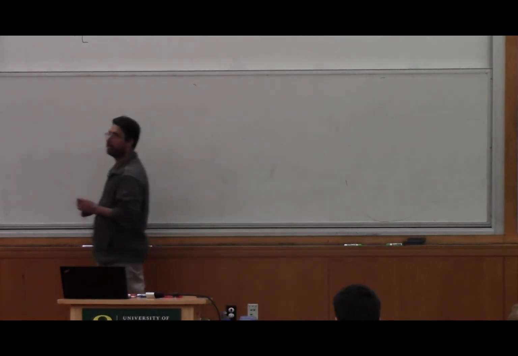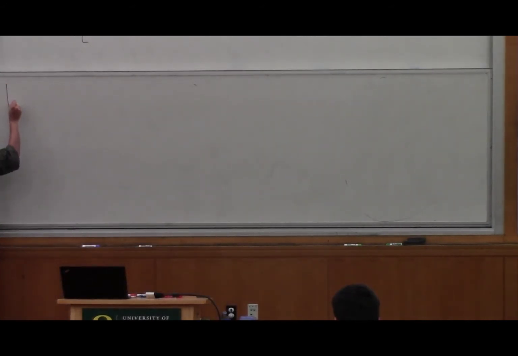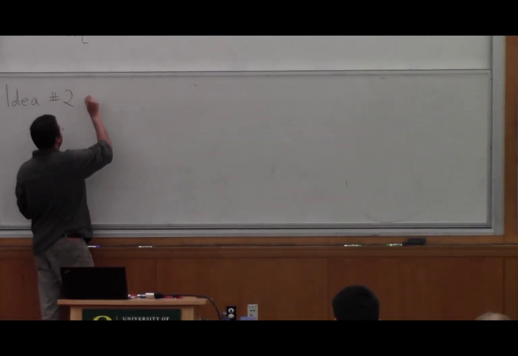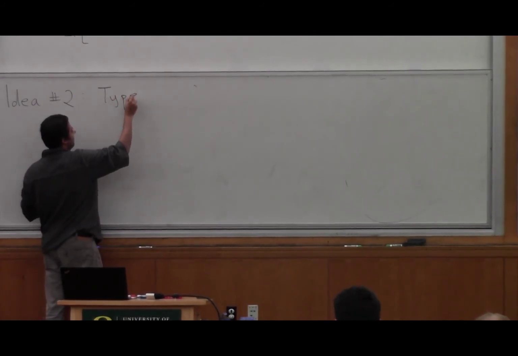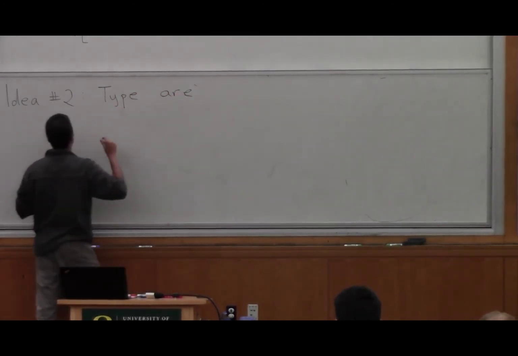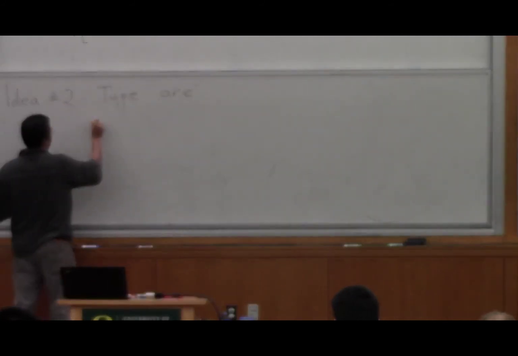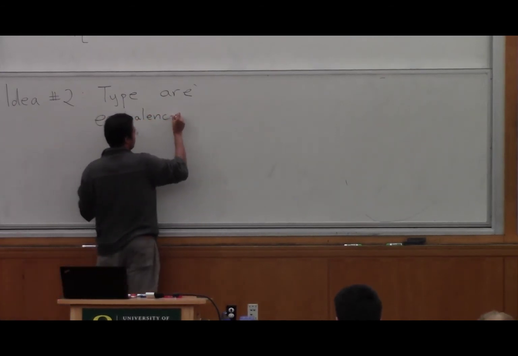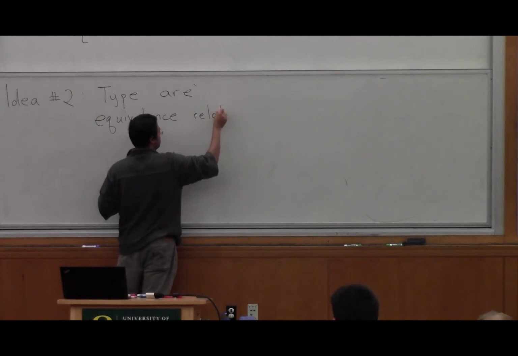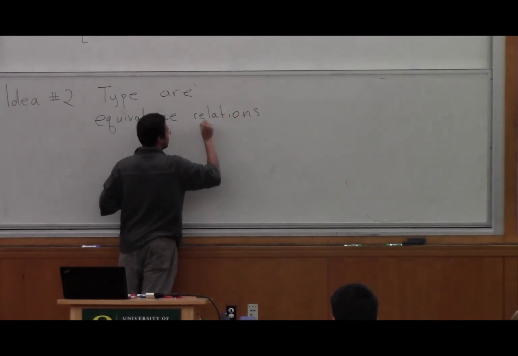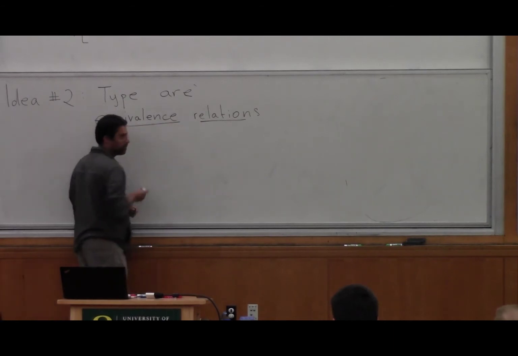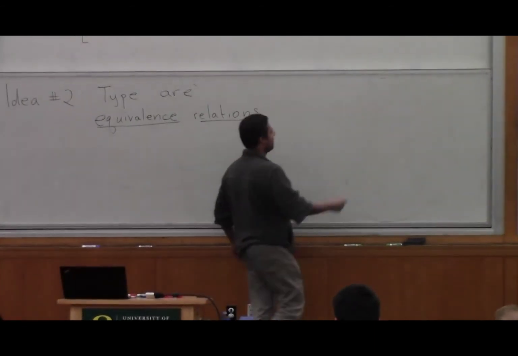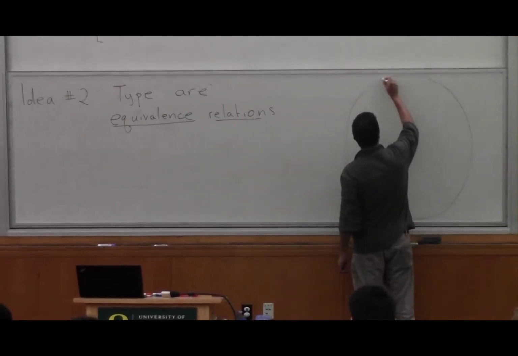And so that will lead us to idea number 2. Idea number 2 is types are equivalence relations. So we've got this whole universe of stuff U over here, which I'll draw again.